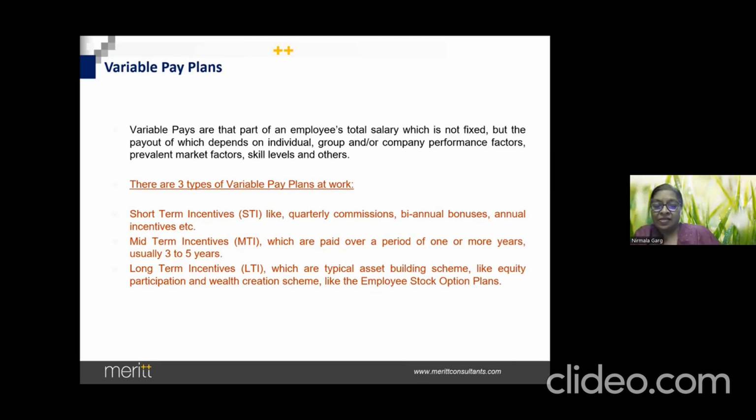First, understand STI, short-term incentives. MTI, what is it called? Mid-term incentives. And LTI, long-term incentives. Why is it called short-term incentives? That means the payment is made either monthly, quarterly, or biannually, typically within the annual cycle. So within a year. So that is called an STI.